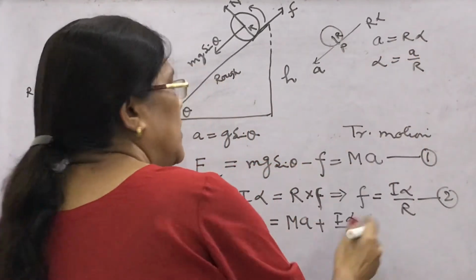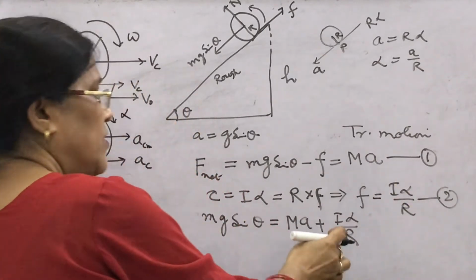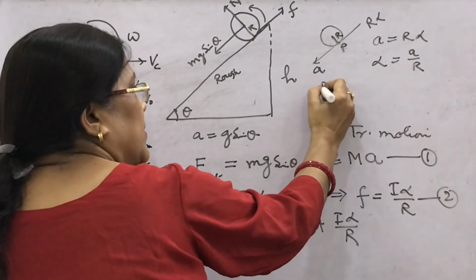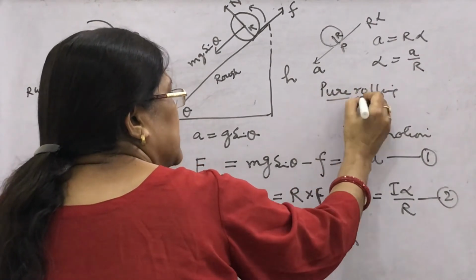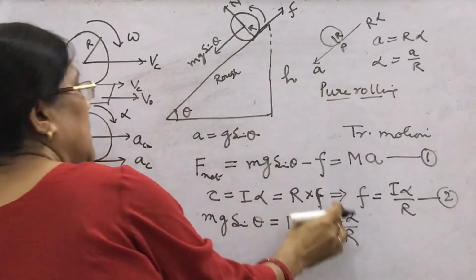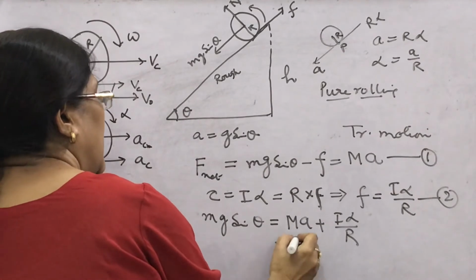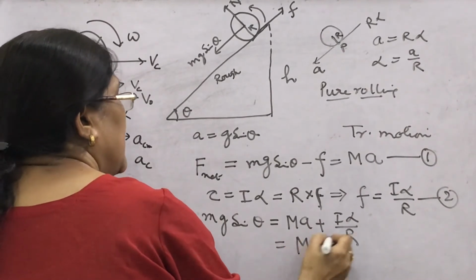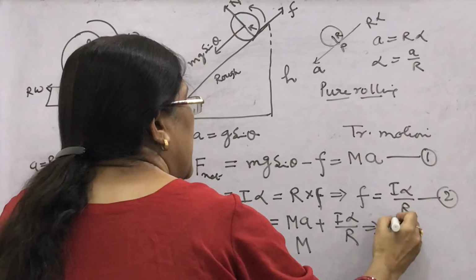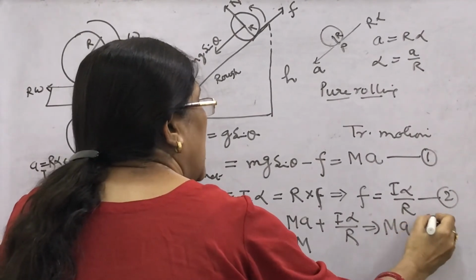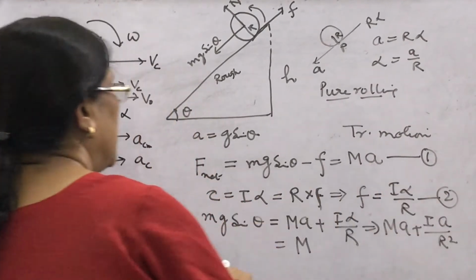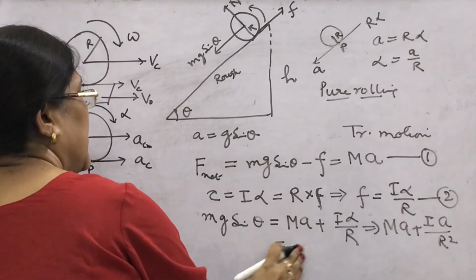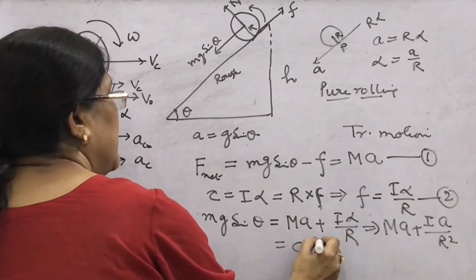Then in place of alpha you put here the pure rolling condition at the inclined plane also, alpha equal to A by R. So you can write this is MA plus IA by R square. If you take A common, then what will you get here?